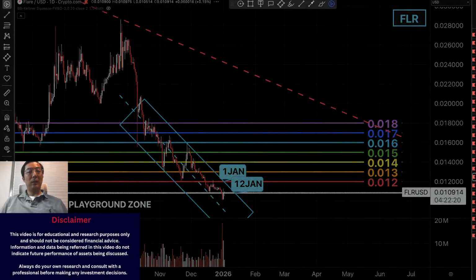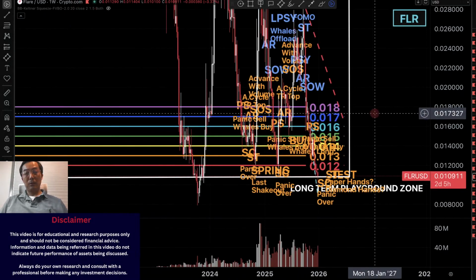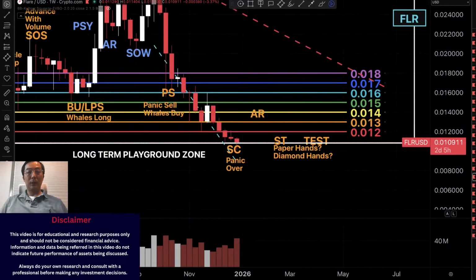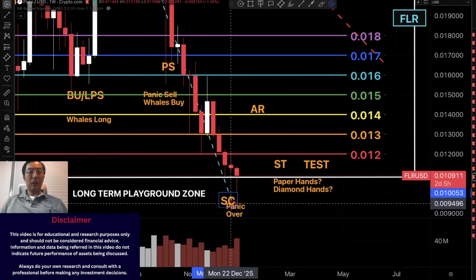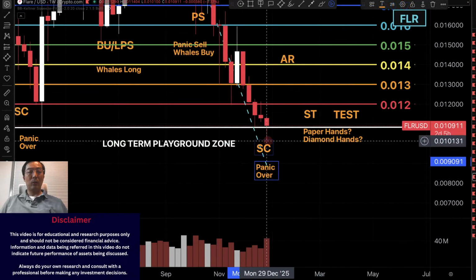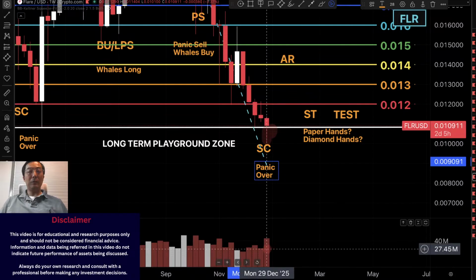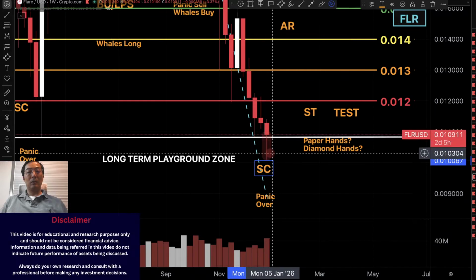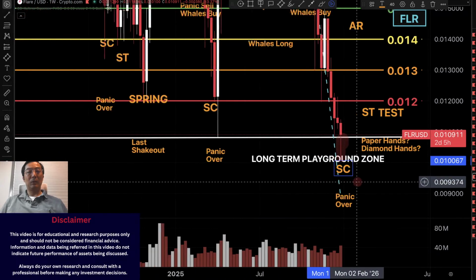Next, we've got Flare. So Flare, similar to EGLD, is coming down, but there's a long wick from the bottom. So even though the volume is high, there's at least around 50-60% that was buying from the dip.